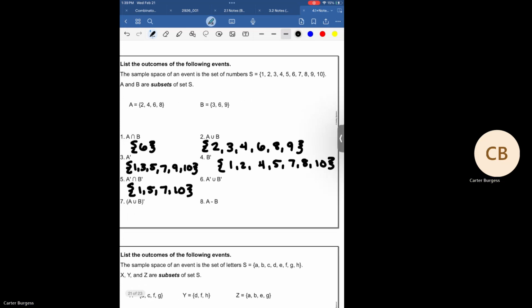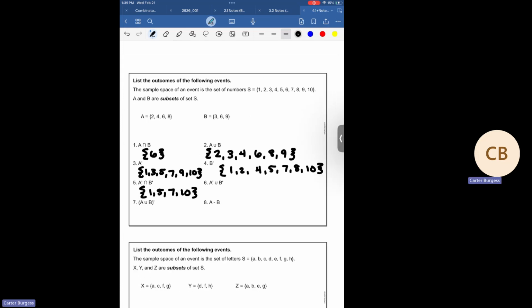All right. Of all of our elements here, which elements at least aren't in A or aren't in B? Yeah, it's everything but 6.